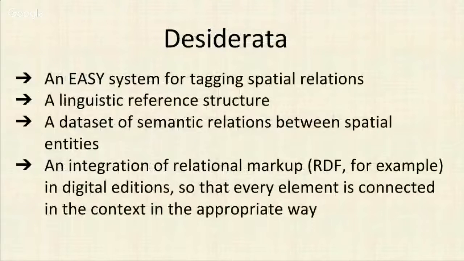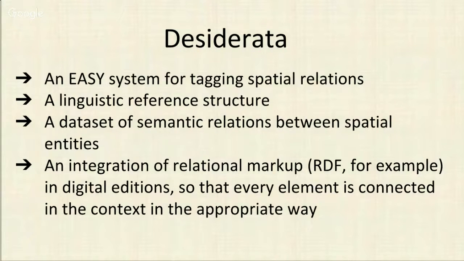So the problem in this case is to find a strategy for tagging spatial relations that is not so time-consuming as it would be with normal nesting strategies, but that is meaningful at the same time.